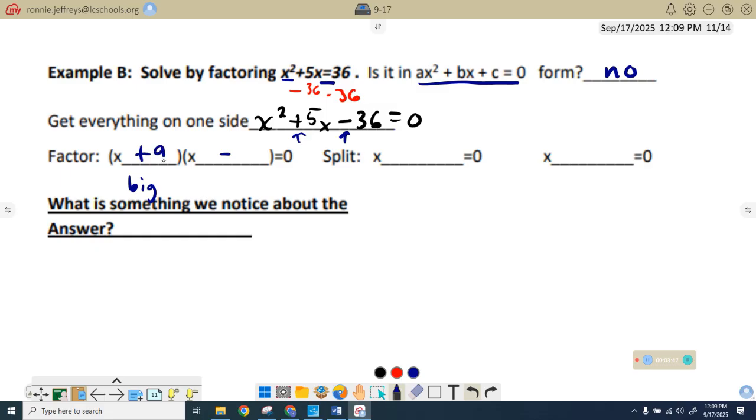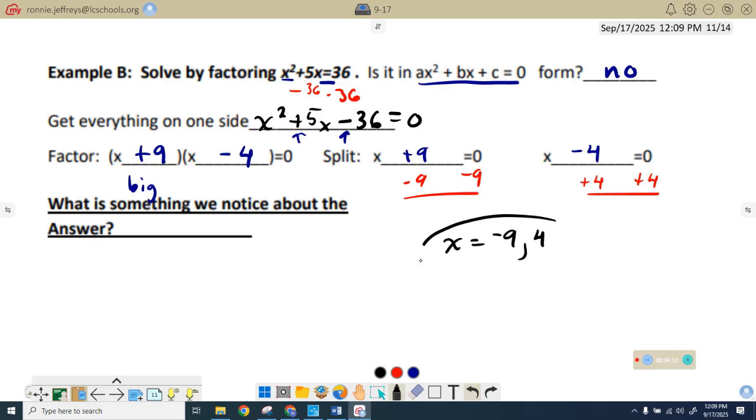Positive 9 and negative 4. Now, we split these: x plus 9, x minus 4. Minus 9, plus 4, plus 4. So we get x equals negative 9 and positive 4.